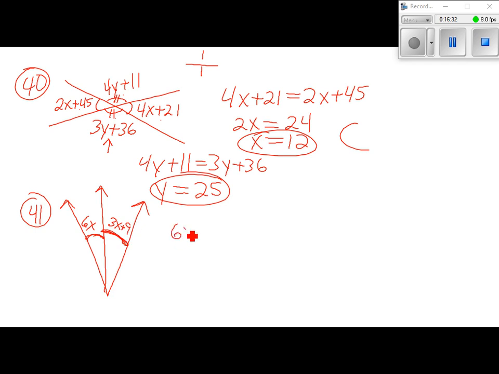So those two are just going to be equal to each other. 6x equals 3x plus 9. We solve here and we get 3x equals 9. And divide by 3 and you end up with x equals 3. And they just ask you to find the value of x. So it's 3.